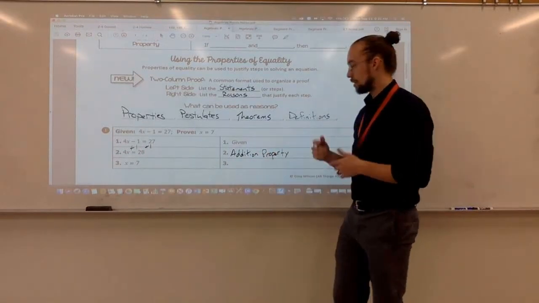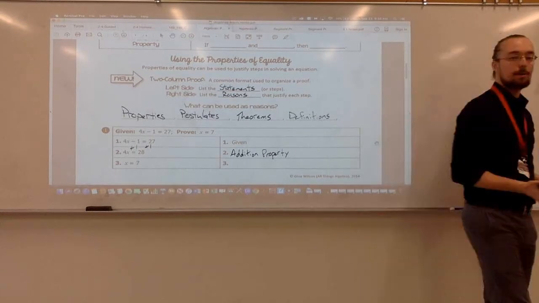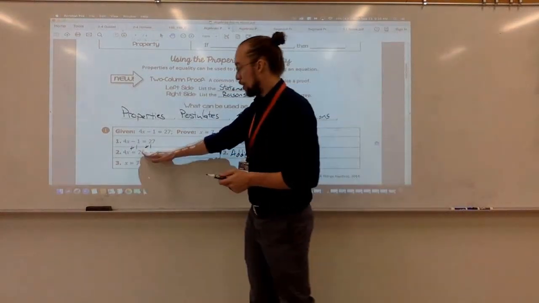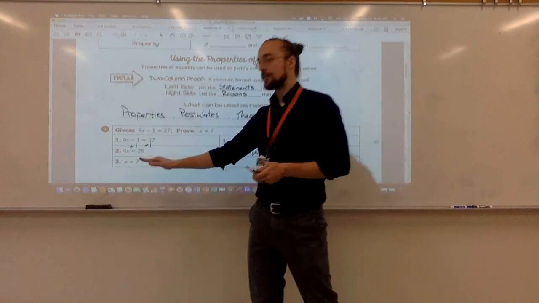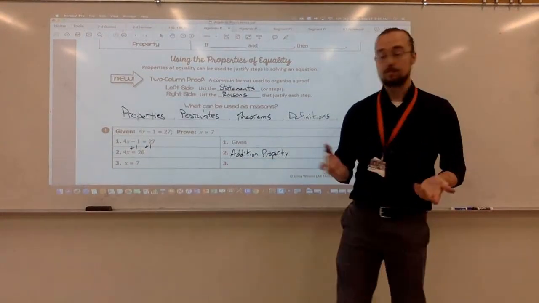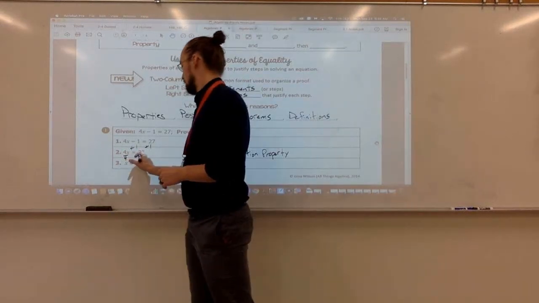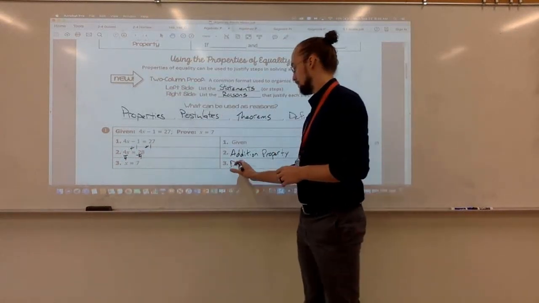If I'm adding the same thing to both sides, that's the addition property. Now what do I do to get from 4x equals 28 to x equals 7? Divide both sides by 4. So that would be the division property.